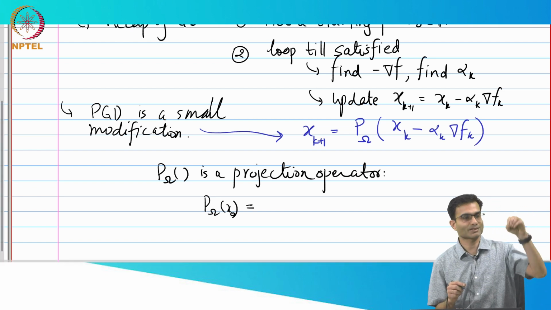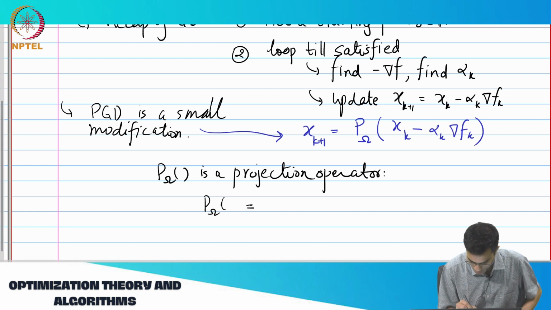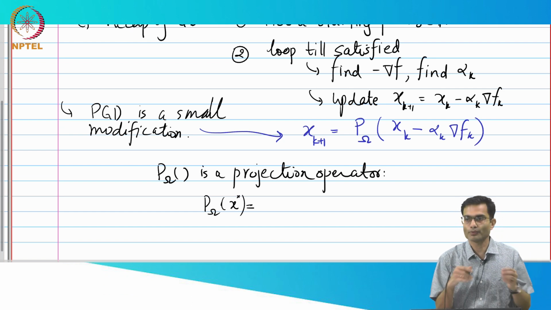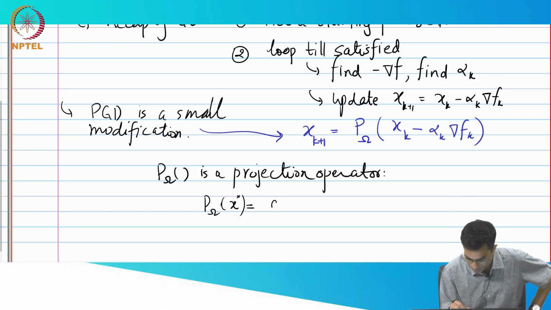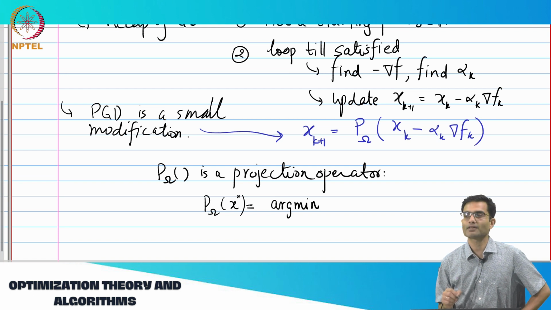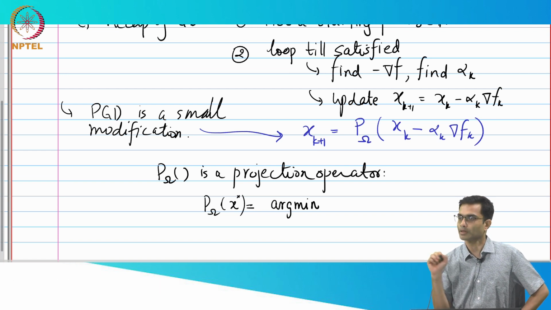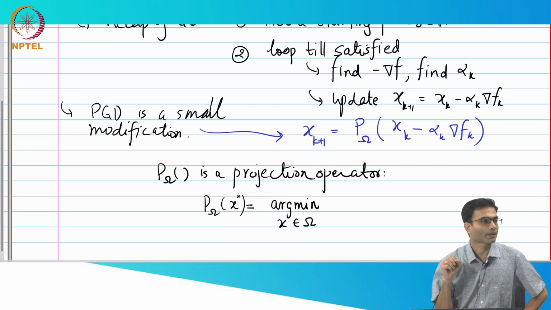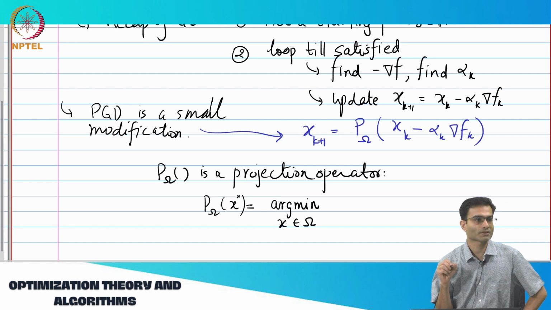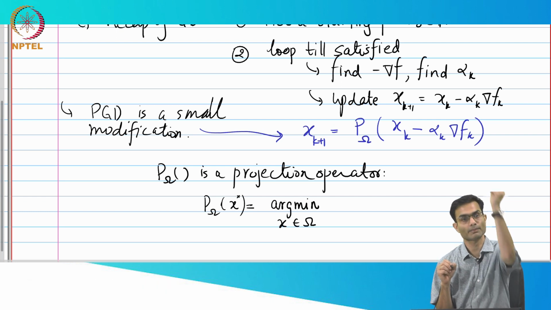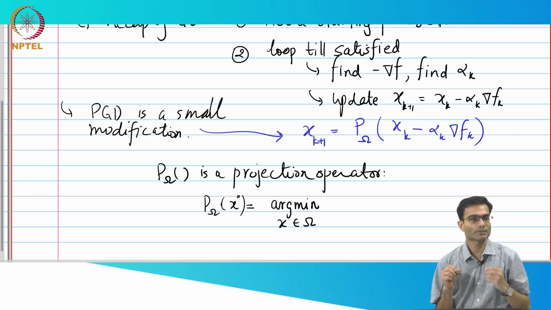I give it a point x naught. Okay, x naught is not the starting point, let's call it x star. It's an optimization problem, so I should be able to write it as minimize something, right? So argmin. My variable of optimization, where is it allowed to roam? In the feasible set. So x must belong to omega. What is the objective function that I'm trying to minimize? You have given me a point x star, which may be outside. So what am I trying to minimize?